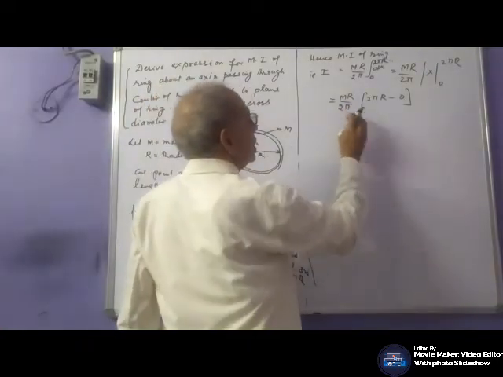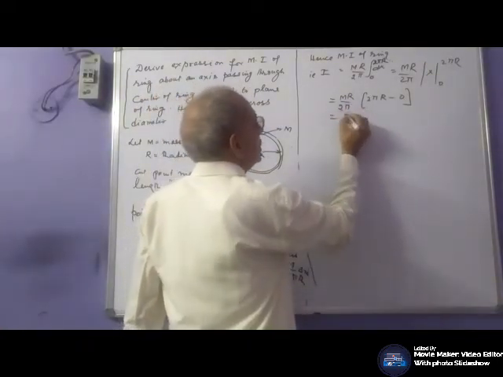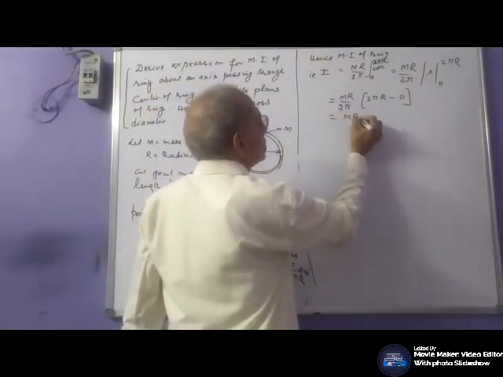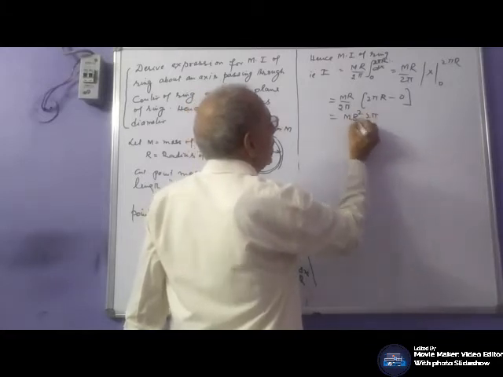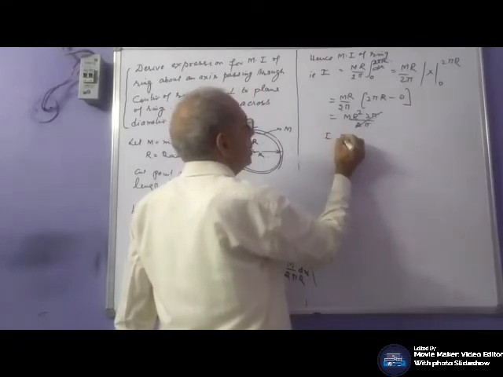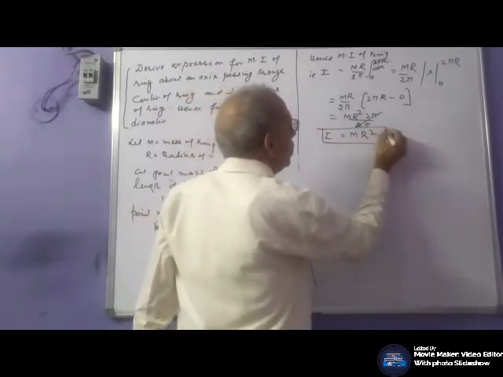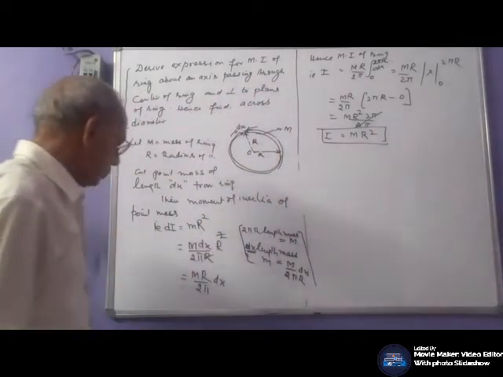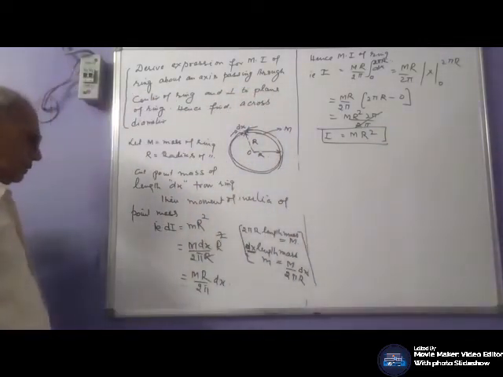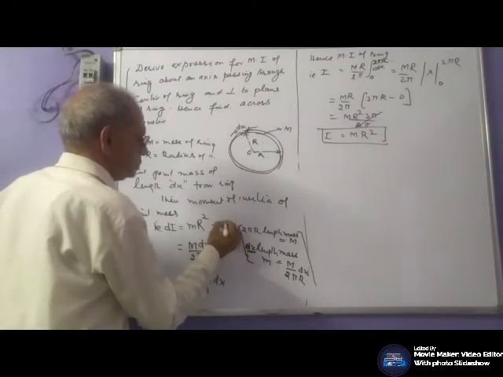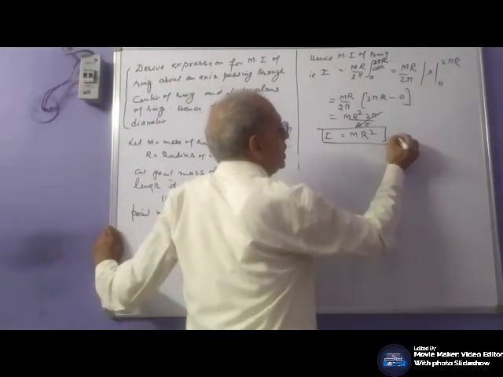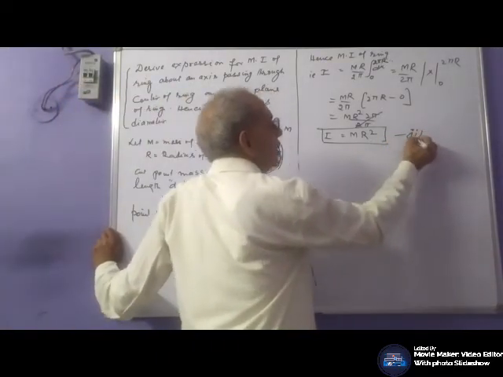And not r here, it is M r square 2 pi by 2 pi. 2 pi goes with 2 pi, I comes out to be M r square. This is the moment of inertia of the ring about an axis which is passing through the center of the ring.